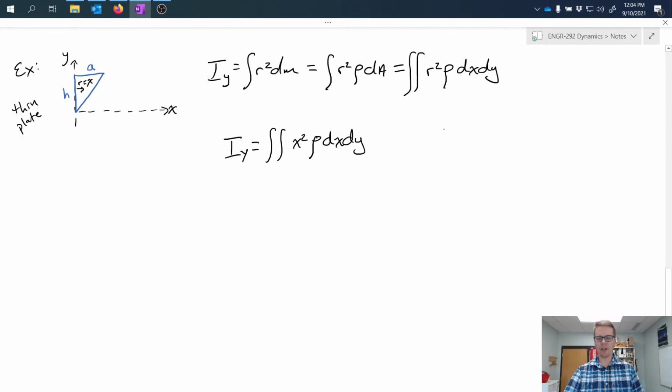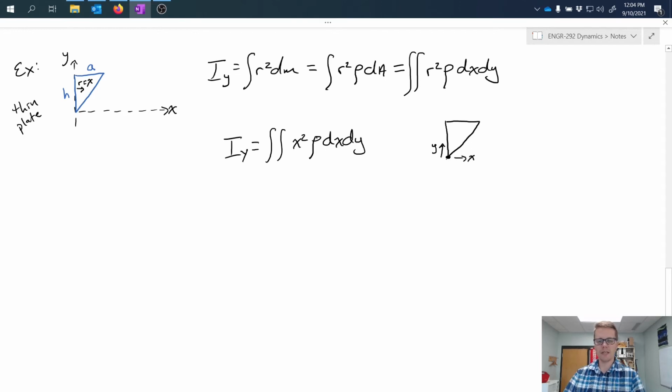And I want to think about what's happening with my shape as I move across it, because I'm going to be integrating both in the y direction and in the x direction. So if we start down here at the origin, this bottom corner, and I move upwards with respect to y and to the right with respect to x, I want to think about my limits, because they're going to define my limits of integration.